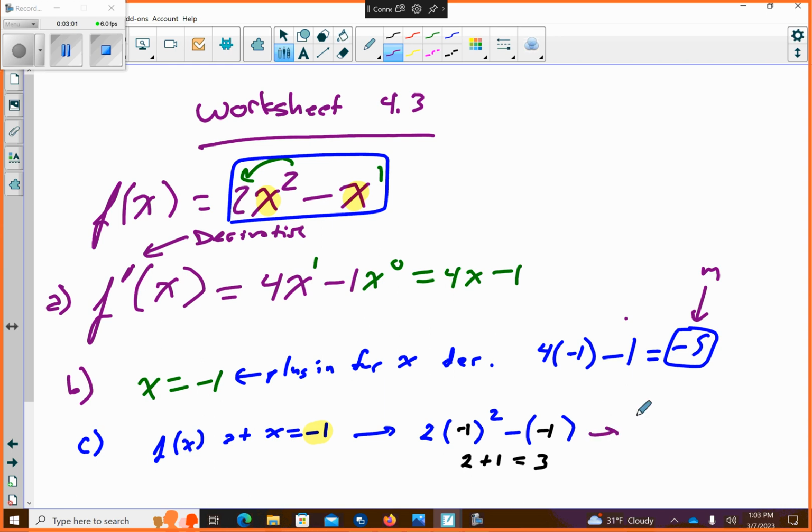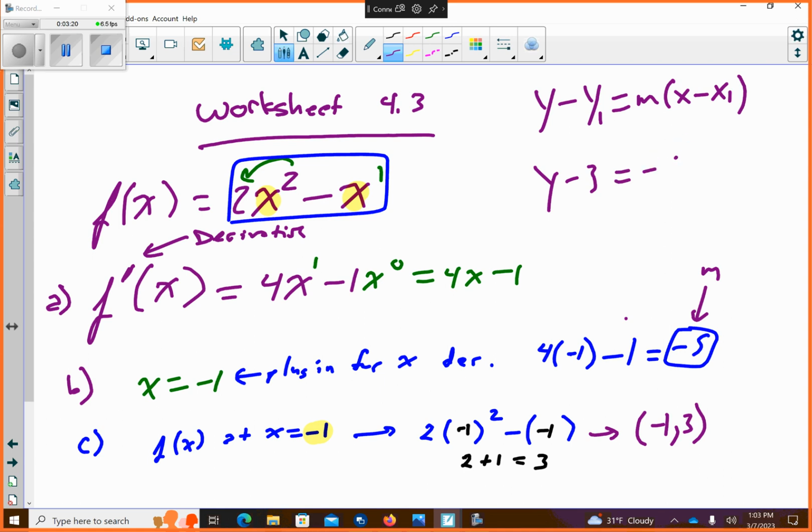This yields me the point -1, 3. So if I were to do my point slope equation and plug in those values, I'm going to get y minus 3 equals -5 times x plus 1. All right. This is what it means.